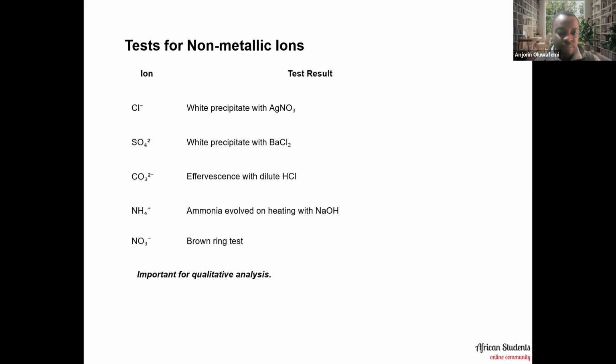So we can always test this out using qualitative analysis. Using qualitative analysis, we can test what ion is present in a particular substance or compound, as the case may be. Now, let's talk about the importance of the nitrogen cycle. The nitrogen cycle maintains soil fertility. It's very important for soil fertility. What are the steps?